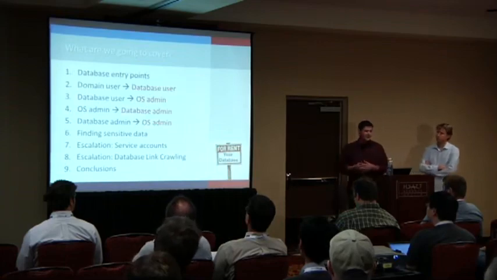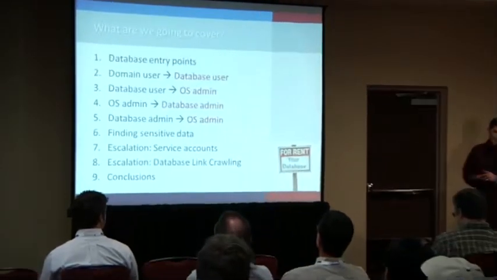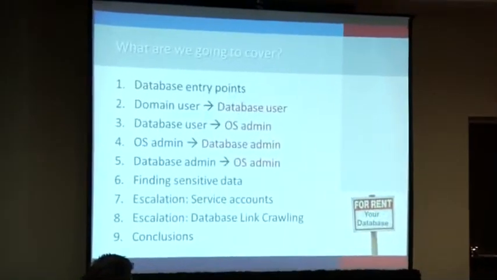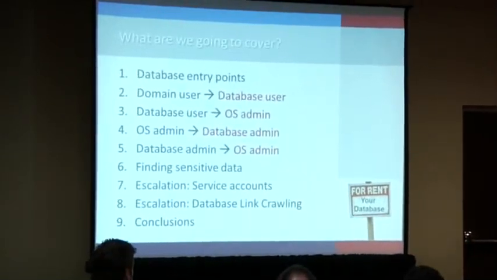So at a high level, here are the points we're going to cover today, or at least attempt to. We're going to cover database entry points, so how do we get into that database so we can start doing bad things? How do we escalate between different positions on the server, on the network, between databases? So 2 through 5 kind of cover those. We're going to try to illustrate how easy it is to scrape SQL databases very quickly for sensitive data. This is really good for pen testing, for evidence gathering.